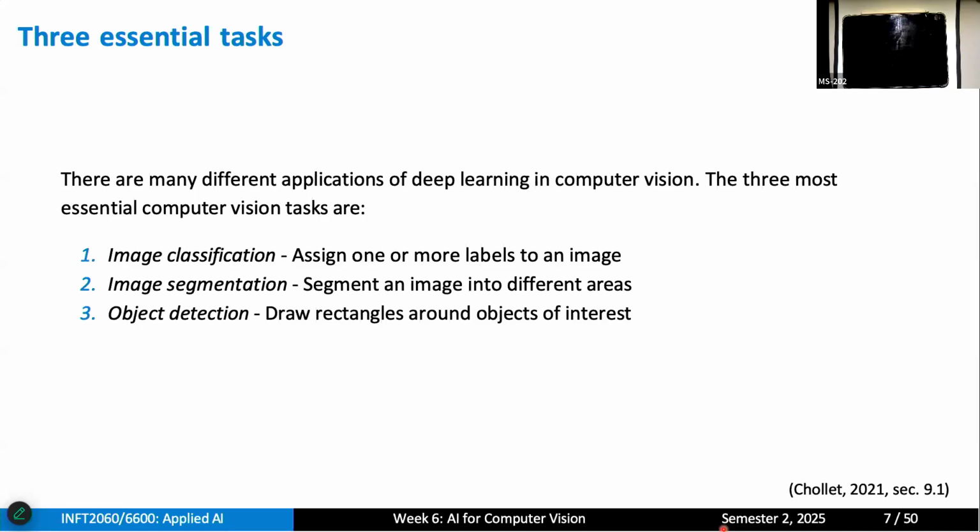The third one is object detection. Object detection is different from the previous two, but quite similar. Object detection tries to draw rectangles around the objects of interest. The first thing is to find the object of interest and draw the rectangle. That's object detection.